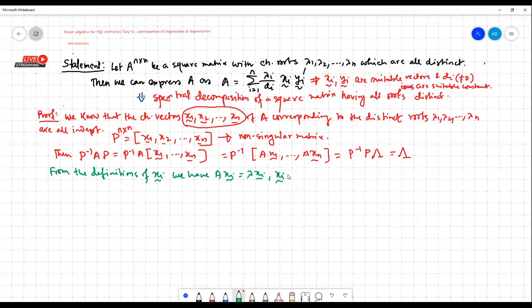Xi curl is also called a right characteristic vector.